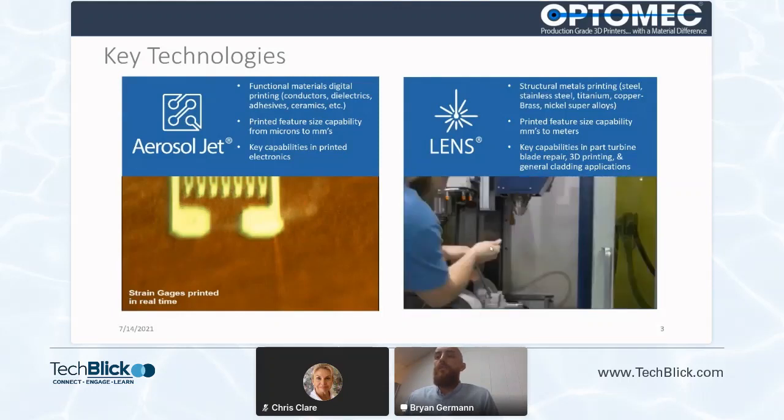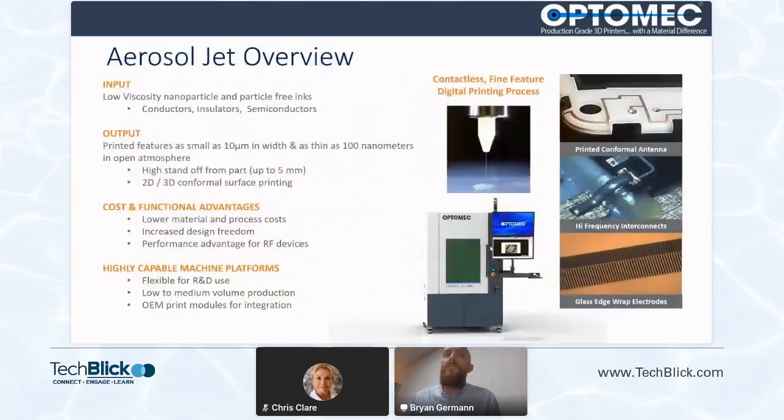We also hold the original patents for LENS technology, and are the oldest directed energy deposition player in the market. So we've got decades' worth of experience there, and we package this into a myriad of different systems and products.